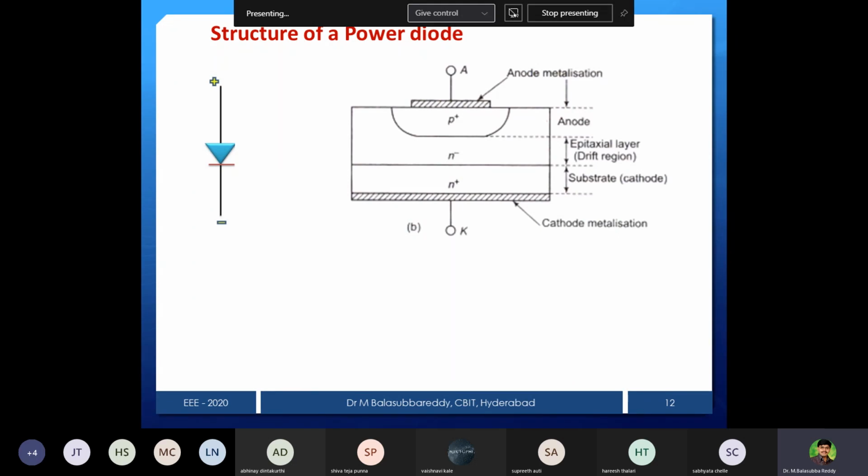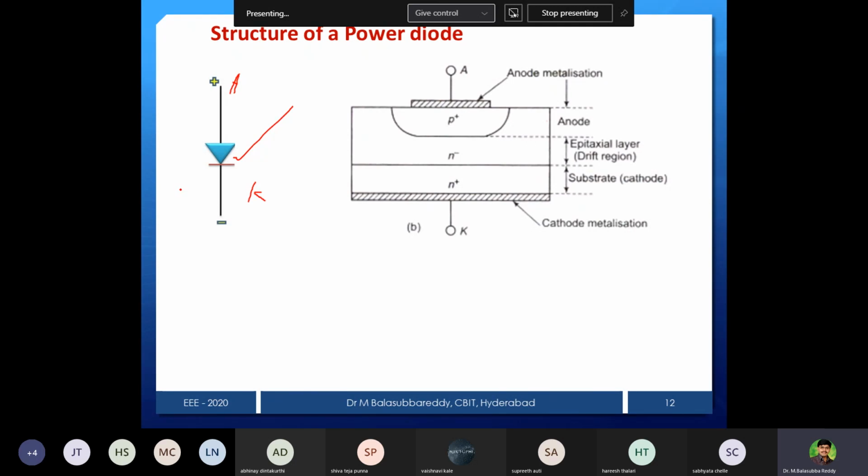In this diode case, you may be aware that whenever the anode is positive with respect to the cathode, the device automatically conducts. Instead of saying forward bias, you can say directly that it conducts, because in the case of an SCR you can't say that.